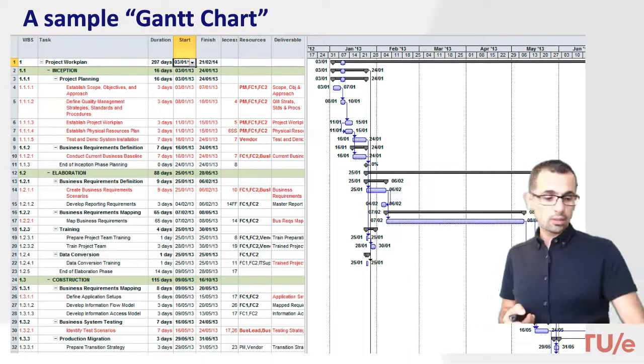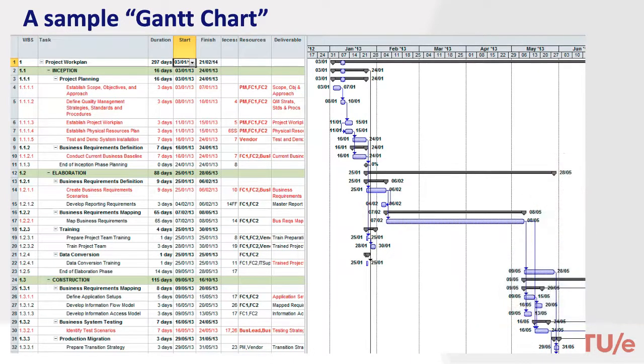figure, or let me make myself invisible. In this particular one, the Gantt chart shows the sequence of activities in a timeline period. So on one side it's something like a work breakdown structure, and the Gantt chart supporting it shows the sequences of activities, in fact reflecting what the work breakdown structure has.